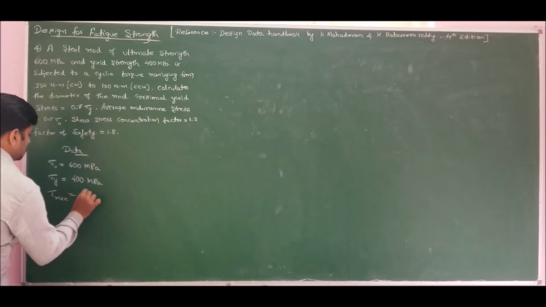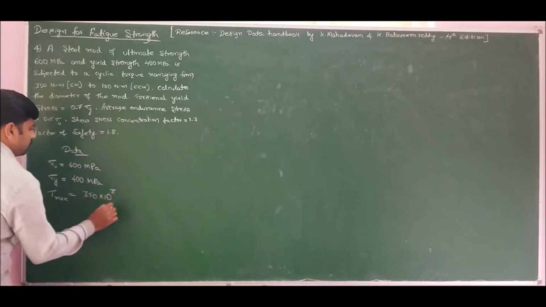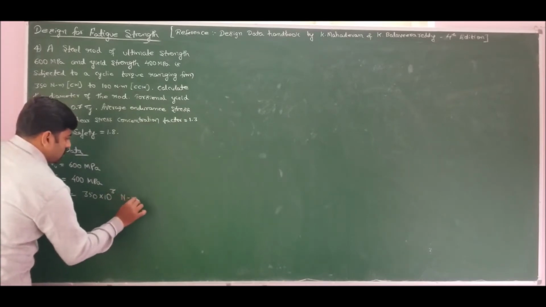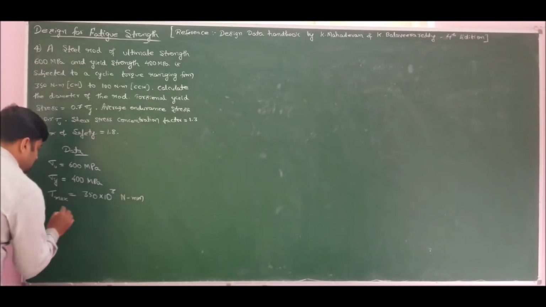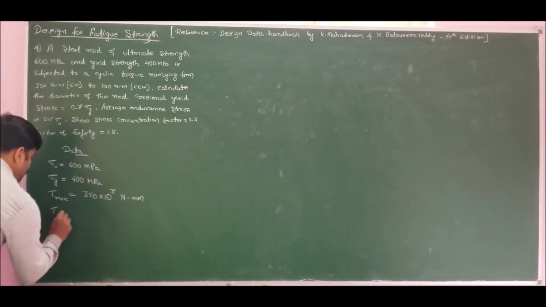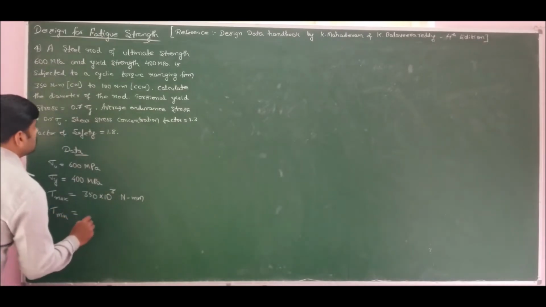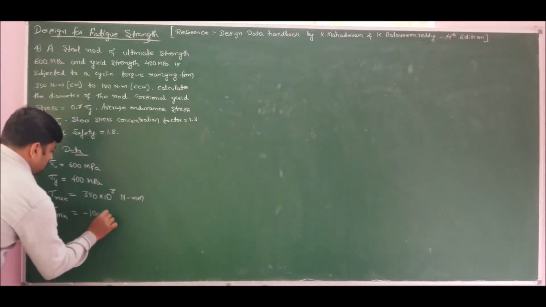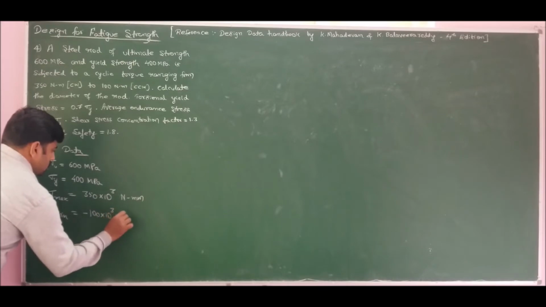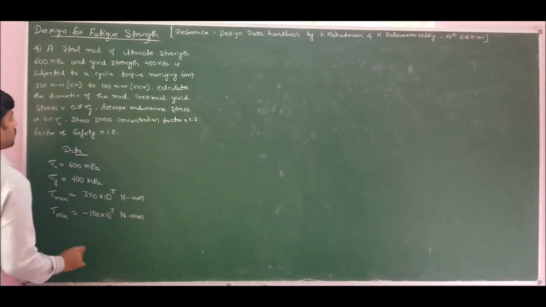So I will get 350 into 10 to the power of 3, very important, Newton millimeters. He has given it in meters, I have converted it into Newton millimeters. Similarly, he has given the minimum torque. Since it is counterclockwise, take negative 100 into 10 to the power of 3 Newton millimeters.